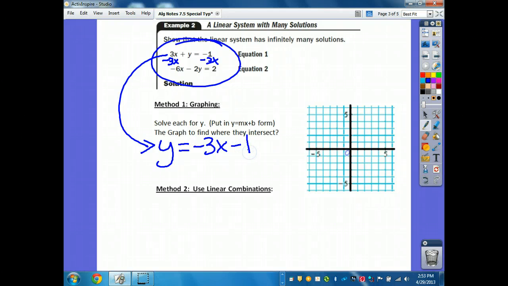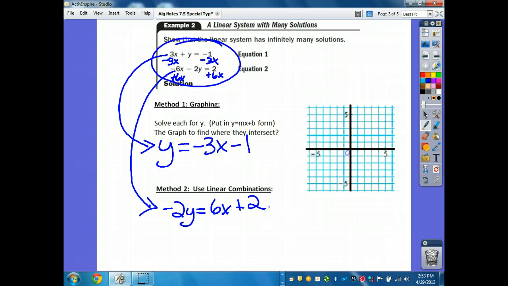Minus 1? Correct. All right, now let's rearrange this one. I have to plus 6x to both sides. And that gives me what left? A negative 2y equals 6x plus 2. Am I done? No. What do I need to do yet? Yep, divide everything by negative 2.